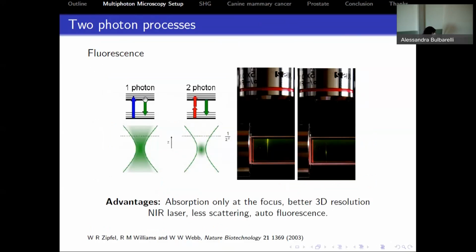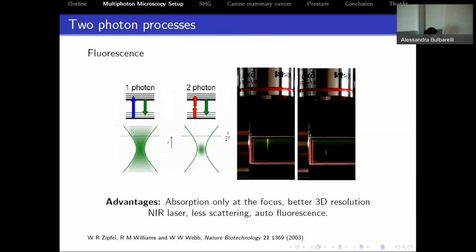One of the examples here is looking at fluorescence. In normal fluorescence, as in confocal microscopy, the material absorbs one photon and emits another color, which is characteristic of the dye that you are putting to mark the molecule or the cell.